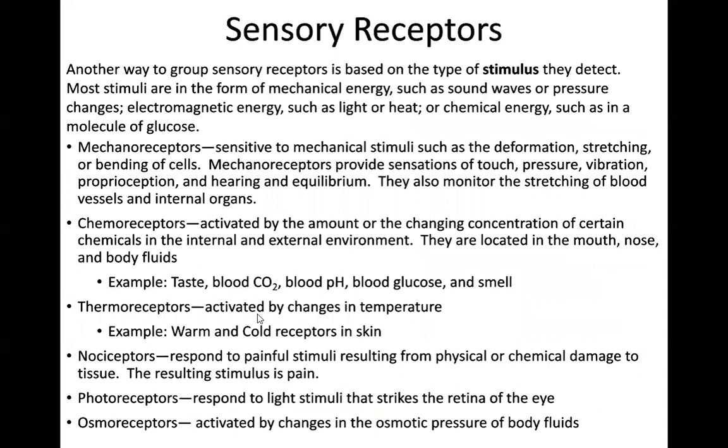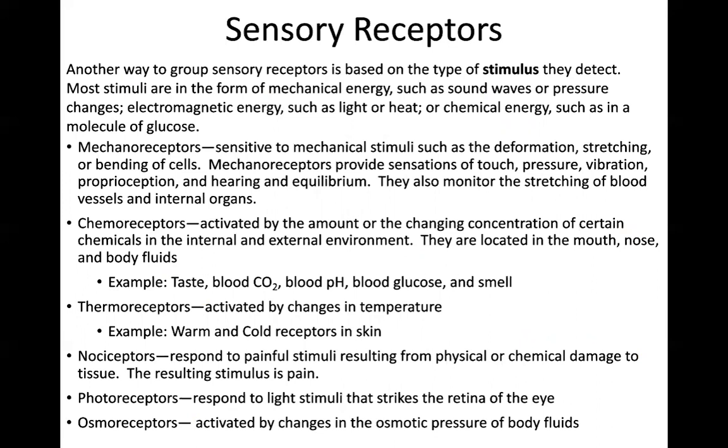Okay, so that's the first way to classify receptors. The next way to classify them is based on the stimulus that they detect, which can be in the form of mechanical energy, like a sound wave or pressure change. Could be electromagnetic energy, like light or heat.